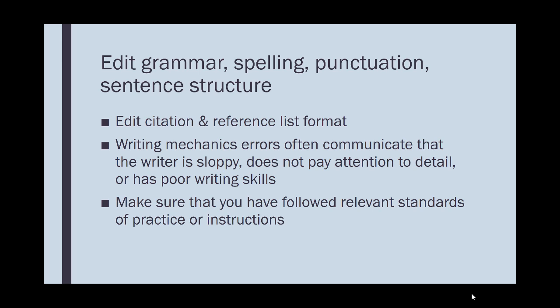Errors in writing mechanics can communicate that the writer is sloppy, does not pay attention to detail, or has poor writing skills. And if you're asking for someone to put a particular program in operation or to fund you, those aren't qualities that those people are going to be looking for. Make sure that you followed all the relevant standards of practice or the instructions.